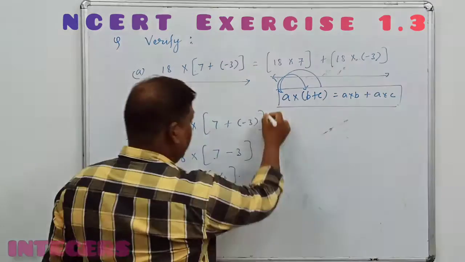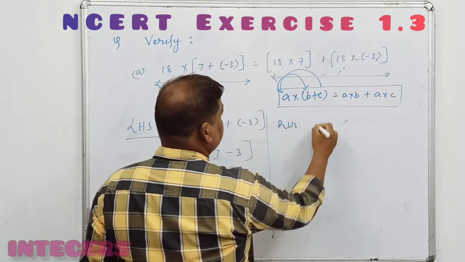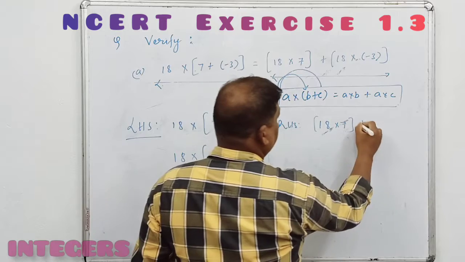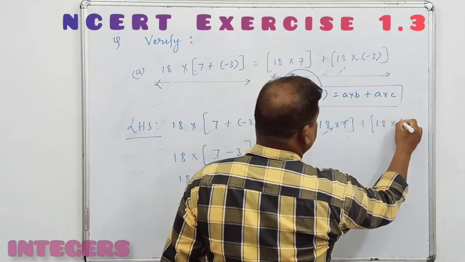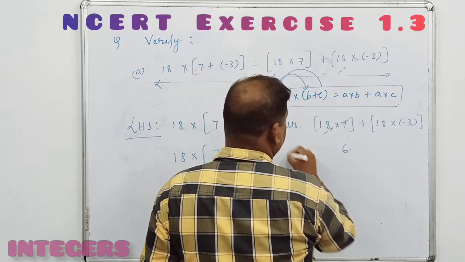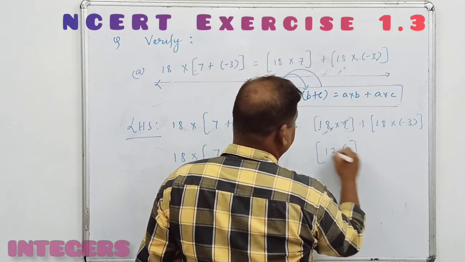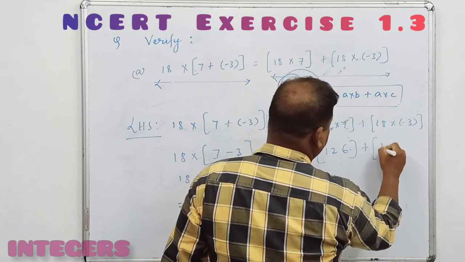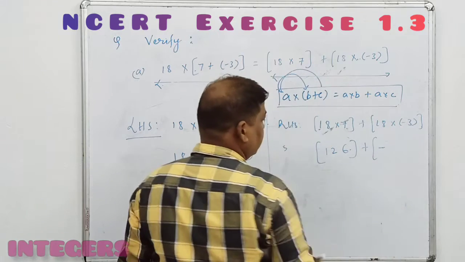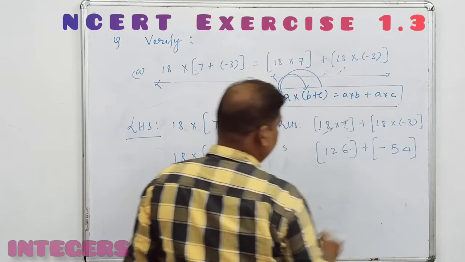Now we will see the RHS side. 18 into 7 is 126, plus 18 into minus 3 is minus 54.